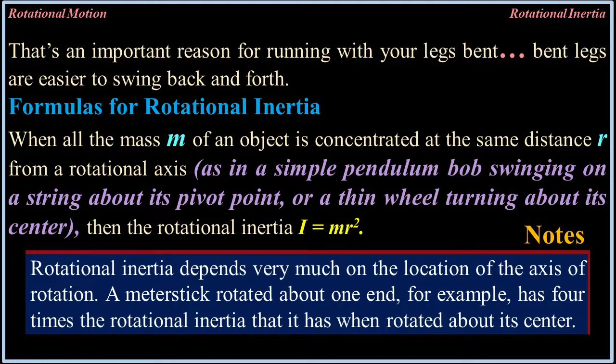Note, rotational inertia depends very much on the location of the axis of rotation. A meter stick rotated about one end, for example, has 4 times the rotational inertia that it has when rotated about its center.